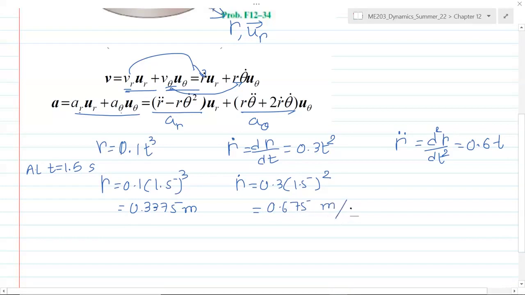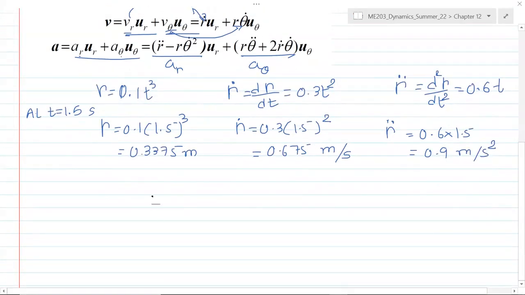This is r dot, so it's meter per second. r is meter, t is in seconds. r double dot is 0.6 multiplied by 1.5, and that is 0.9 meter per second square. So we have calculated all three parameters for the radial direction.